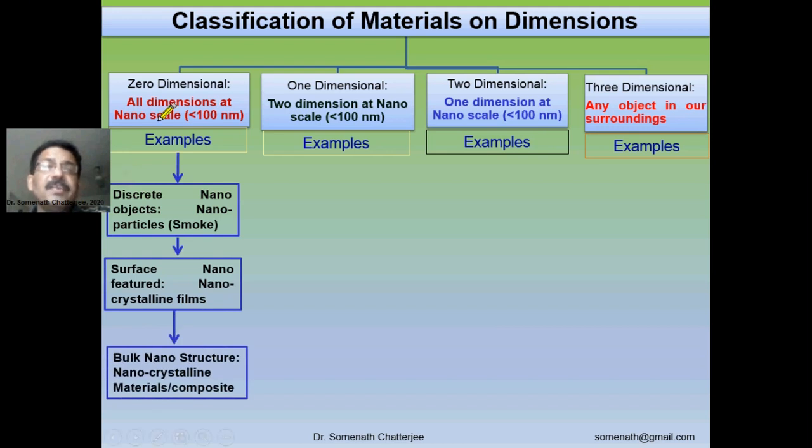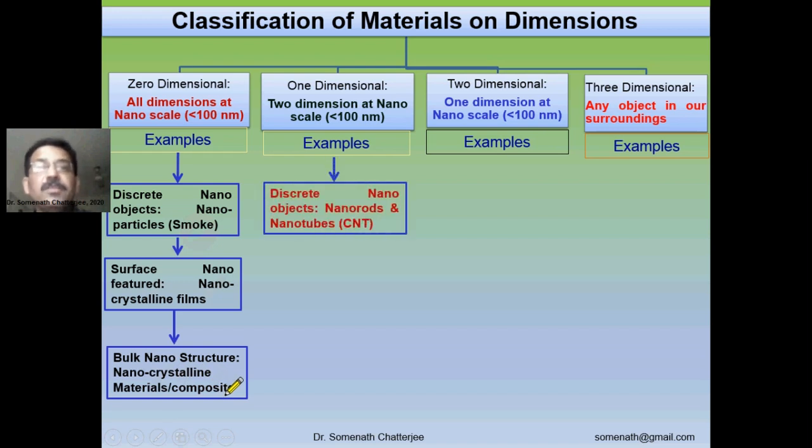If all dimensions are at nanoscale, then we can say it is zero dimension, like nanoparticles. The best example is smoke, where we can see the discrete nano objects. The surface nanofeature is nanocrystalline films. Bulk nanostructure is nanocrystalline material composites.